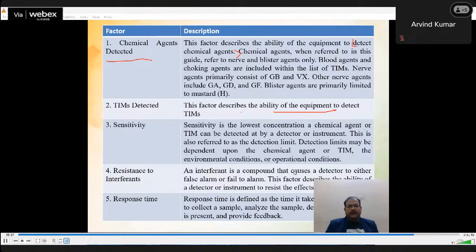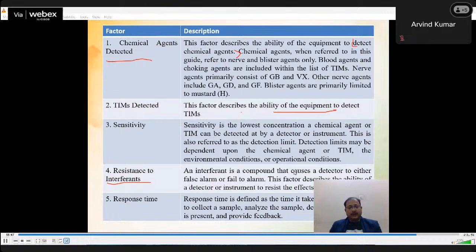Next, resistance to interference. Interference, as we have discussed, alters the properties or contributes to false alarms. It is a compound that causes a detector to either false alarm or fail to alarm. So if there is an interferent that is continuous, we have to also focus upon that part.